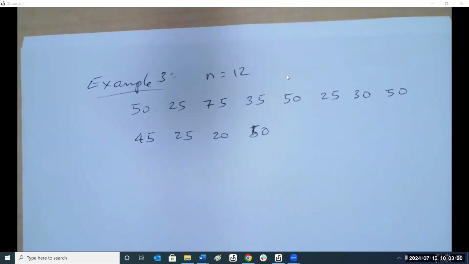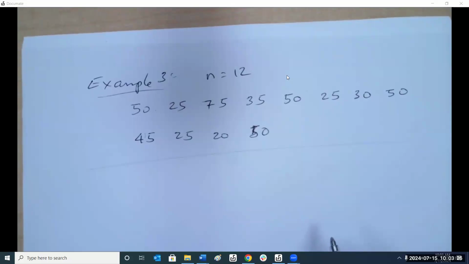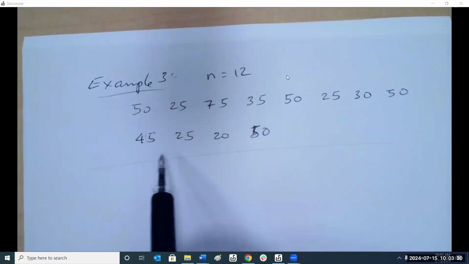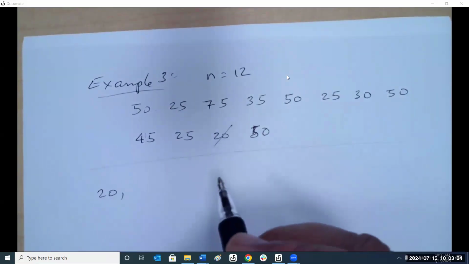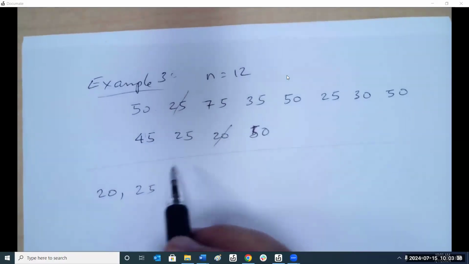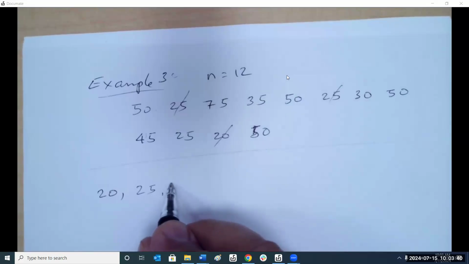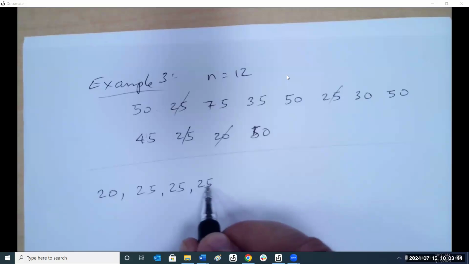Let's see how these numbers change. The first thing we want to do is put them in increasing order. So the smallest number we have is 20. Then we have a 25, another 25, and another 25.